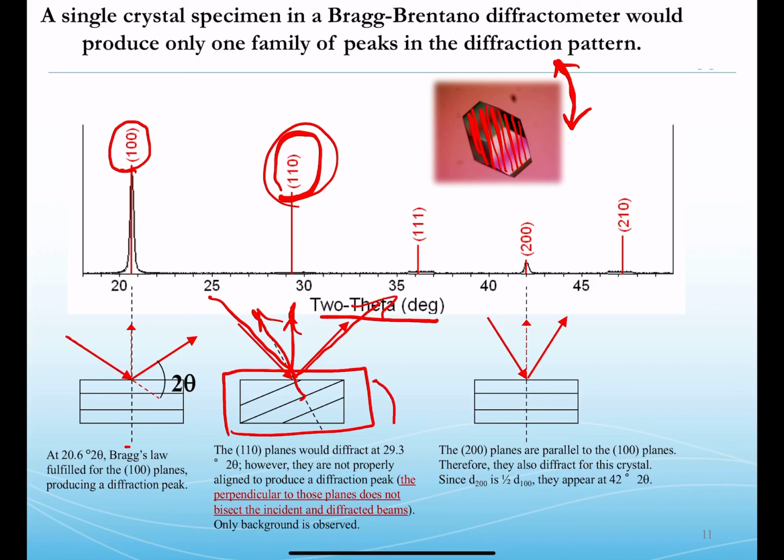So if we could rotate those somehow, then the 110 would grow in. Likewise, the 111 and the 200 is also now satisfying Bragg's law, and the plane normal and the diffraction vector are parallel.